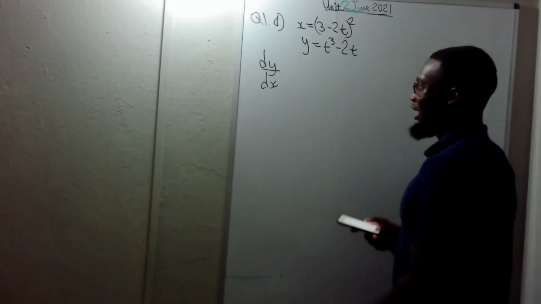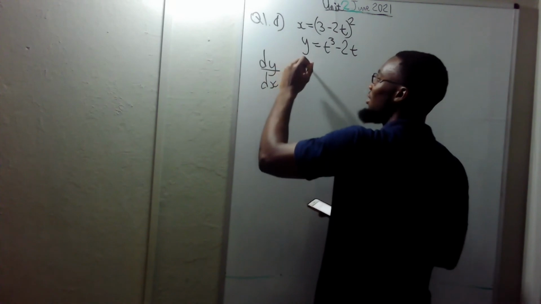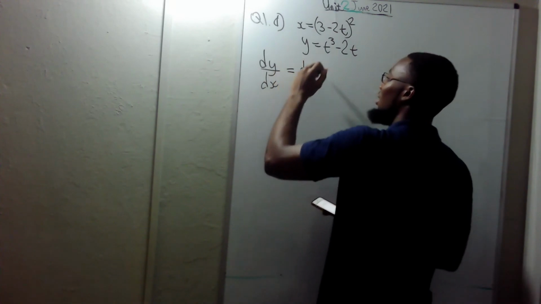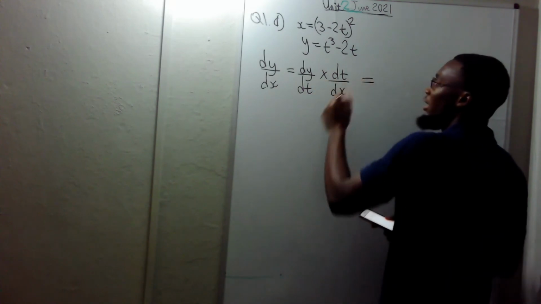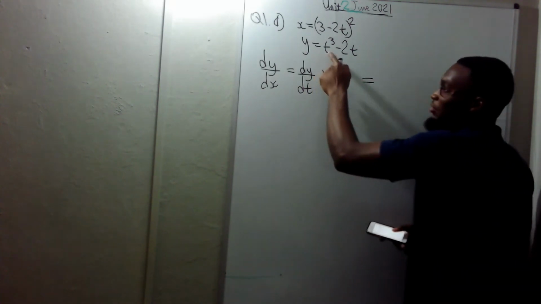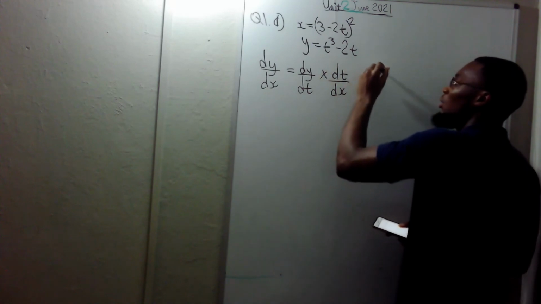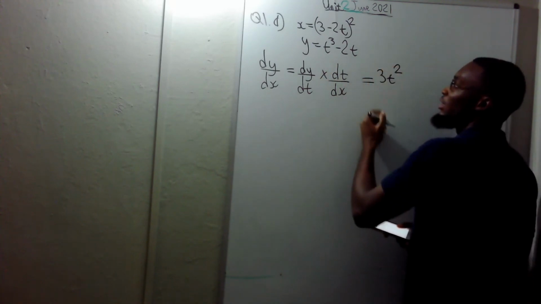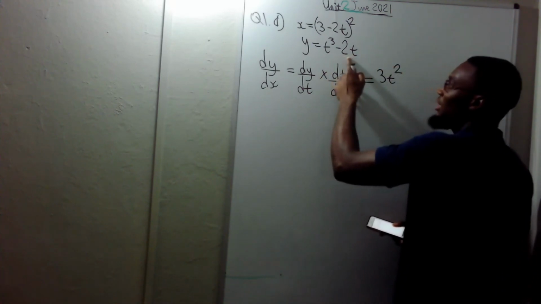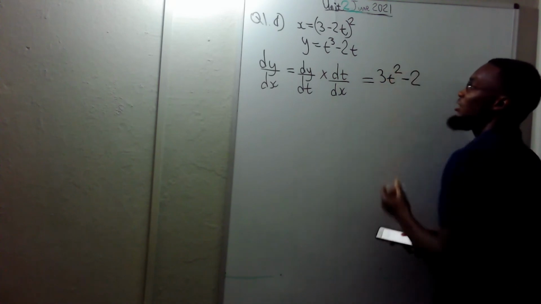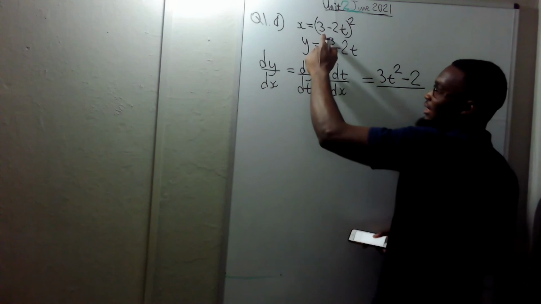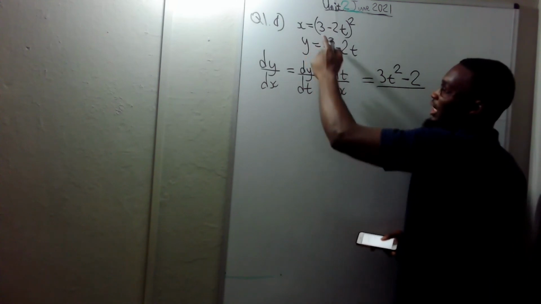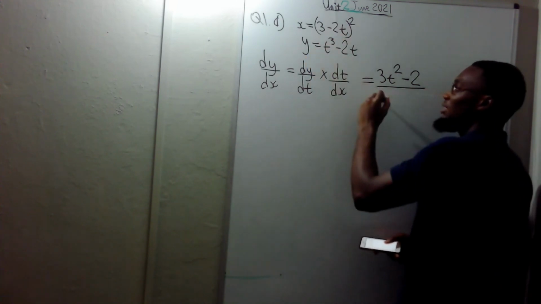To find dy by dx is dy by dt multiplied by dt dx. dy by dt is when we differentiate t cubed, we get 3t squared. When we differentiate 2t, we get 2, so that's minus 2. And then we divide it by dx by dt. To differentiate this now, we carry down the power, that's 2.